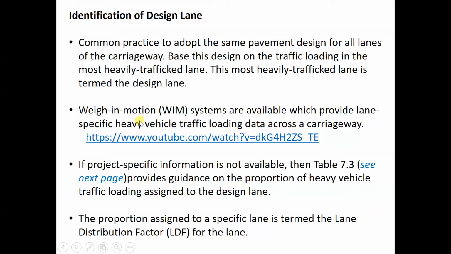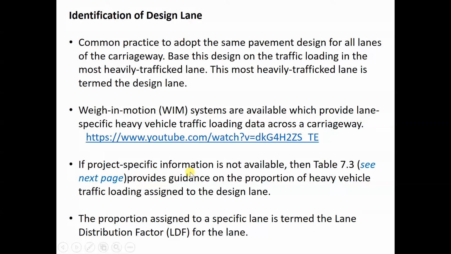So we have the weigh in motion, that WIM. This one can provide lane specific heavy vehicle traffic load data across the carriageway. They can find out which one is the most trafficked lane.